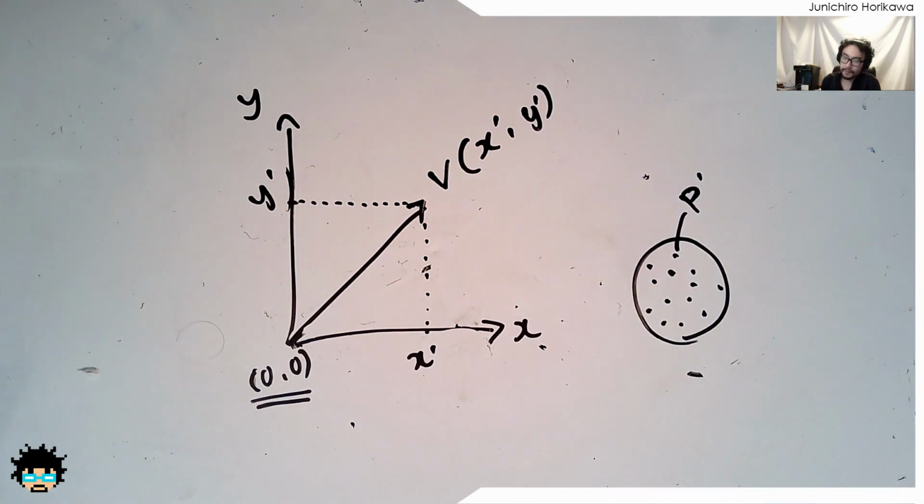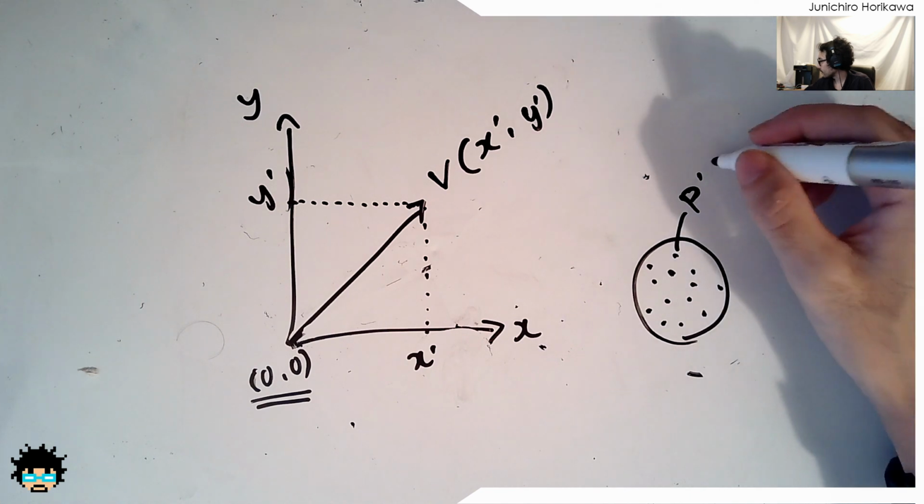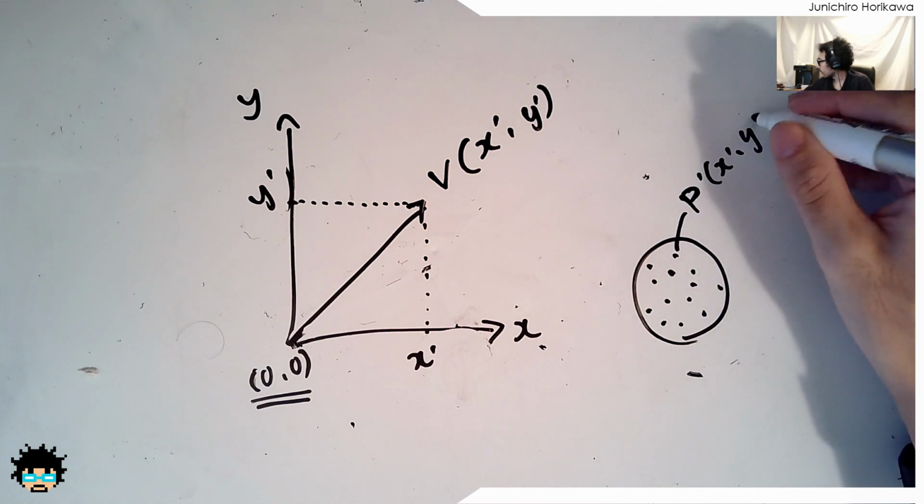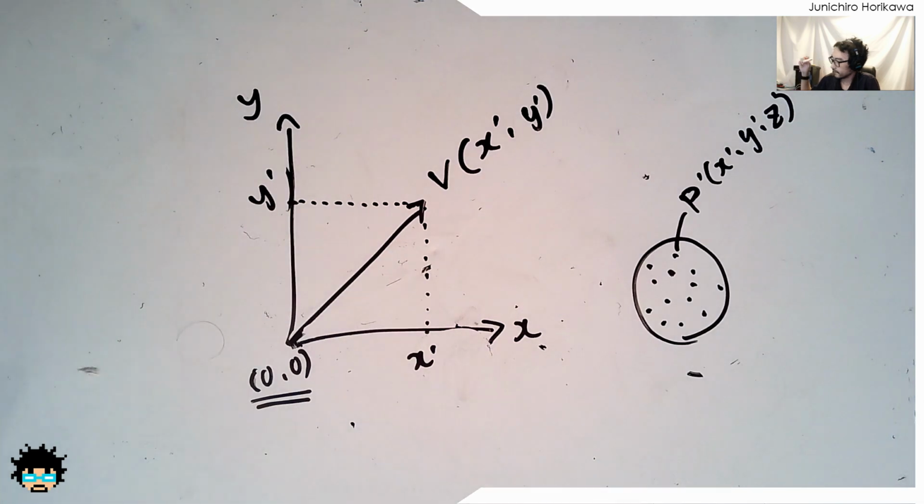Let's say P prime. Now this P prime is also described as a 3D vector, x, y, and z. But in order to define the position, you don't really need a directional value or a size. This coordinate just describes where it is, and that's all. You don't really need the arrow information in order to define where the point is.